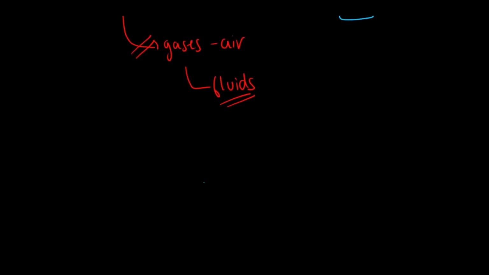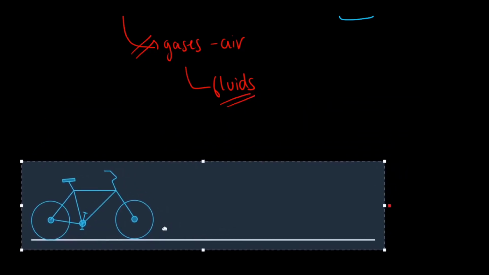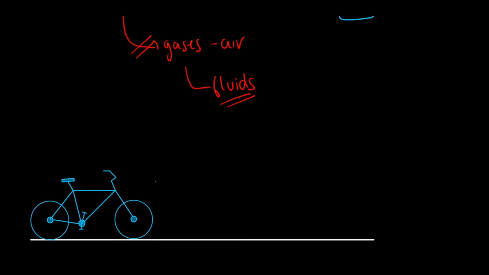Now tell me something. Have you ever tried to ride your bicycle on a windy day? Let's say you have a cycle, something like this over here. So let's say you're riding your bicycle towards the right, like this. And on the other hand, the wind is blowing towards the left.